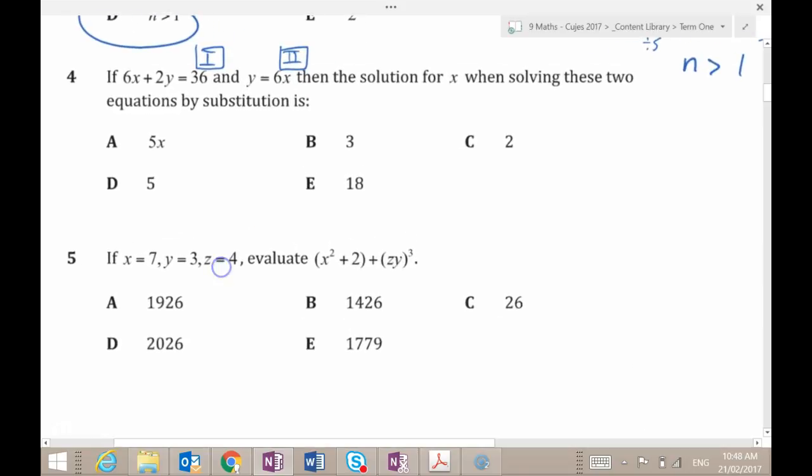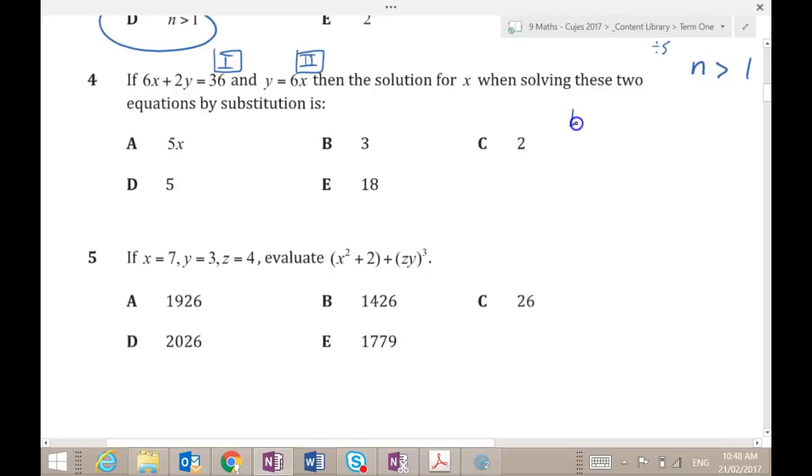Equation 2's got y equals 6x. So all I'm going to do is say, let y equals 6x in the first equation. So what does my first equation become? It's 6x plus 2, and what do I write instead of y? Yeah, I write the 6x in there.